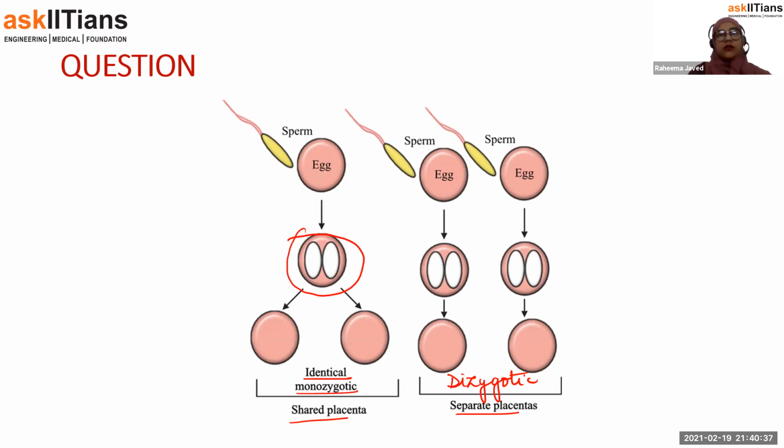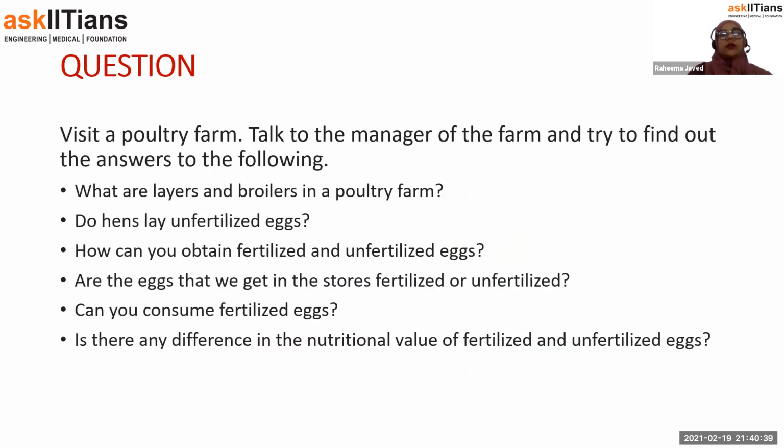Let's move on to the next question. Visit a poultry farm, talk to the manager of the farm, and try to find out the answers to the following. What are layers and broilers in a poultry farm? Layers are the birds which are grown especially only for eggs, and broilers are the birds which are grown only for their meat.